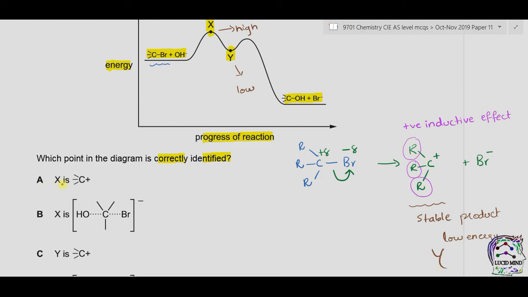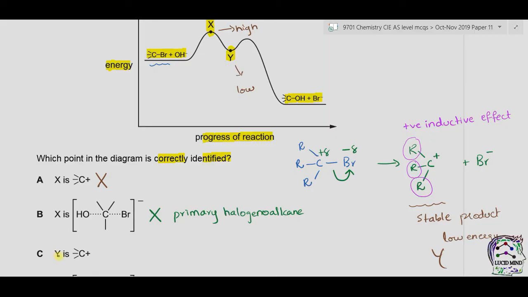In option A, X is given as the C positive carbocation intermediate. This is incorrect because X is at high energy. In B, X is given as this intermediate. Now this is incorrect because this transition state is formed from primary halogenoalkanes, while the one given in the question is tertiary halogenoalkane.